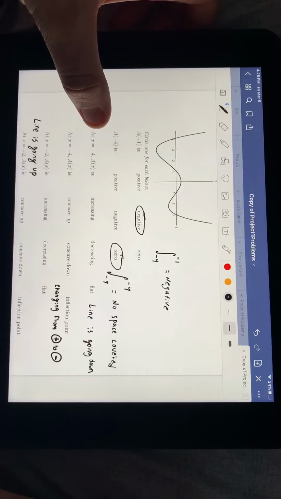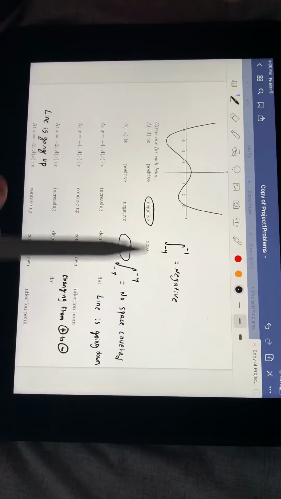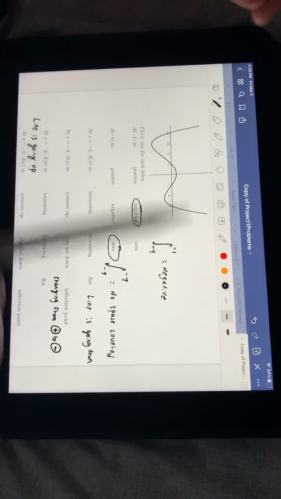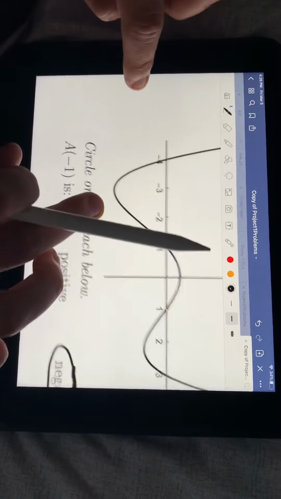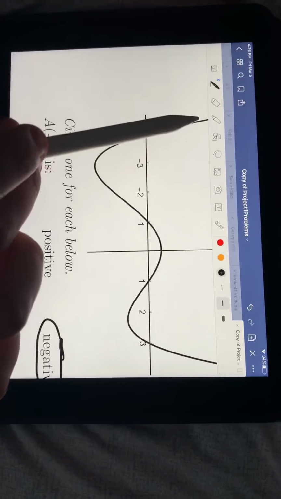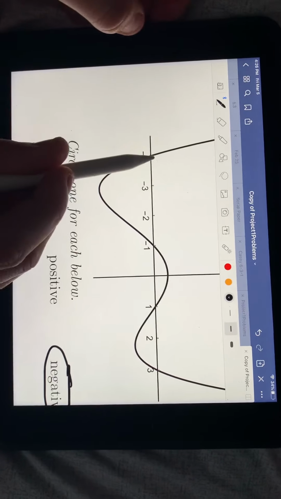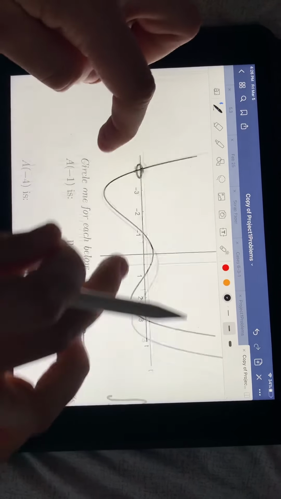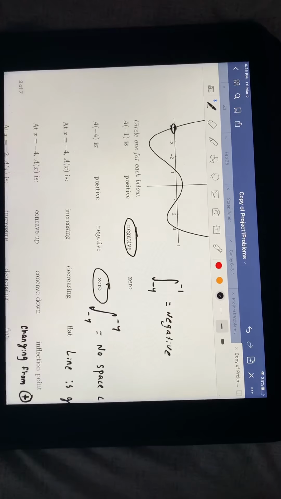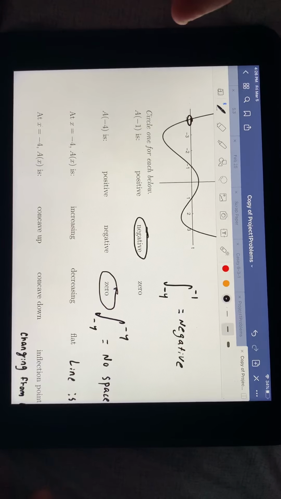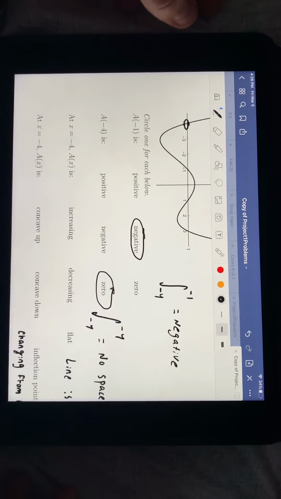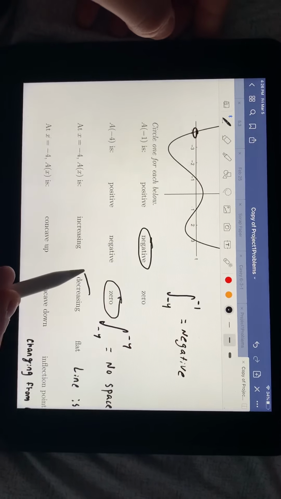And at x of -4, see here, this is the x-axis. So this is going from positive to negative, and it changes at -4. So that would be called an inflection point, or a flat point, or a decreasing point. It's going down.